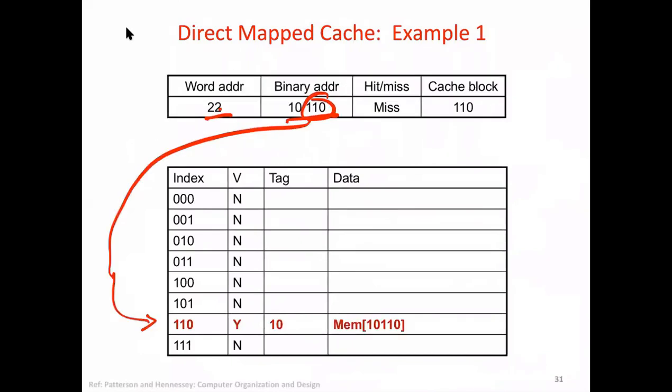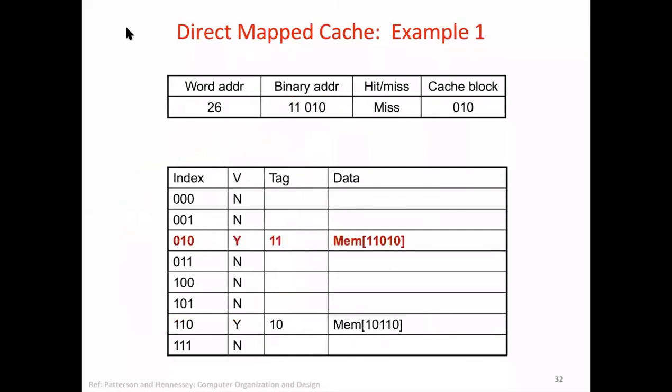This will index this location, and then we check the tag. The tag here will be these 2 bits, and if the tag is available, it means this particular data is available in the cache, and the contents are those of memory address 10110, the request we got. Now we get a request for word 26, which is equivalent to 11010.